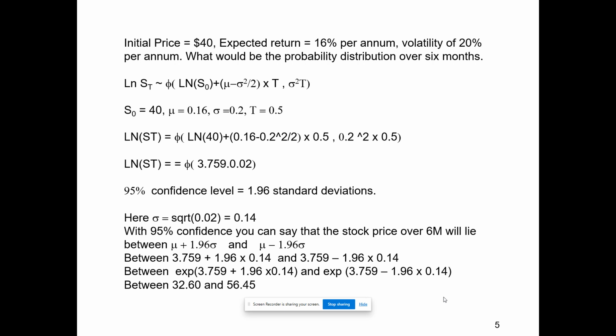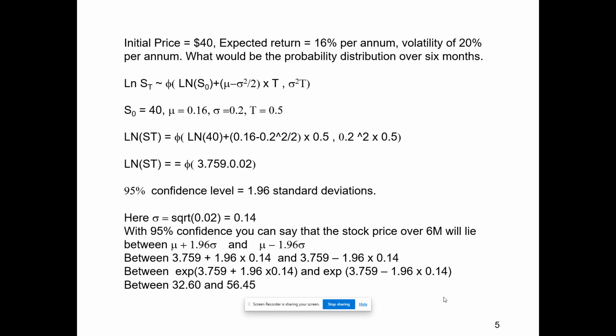Now, for a 95% confidence level, it's equal to 1.96 standard deviations. So sigma is equal to the square root of 0.02, which we've calculated in this equation, and which comes to 0.14.